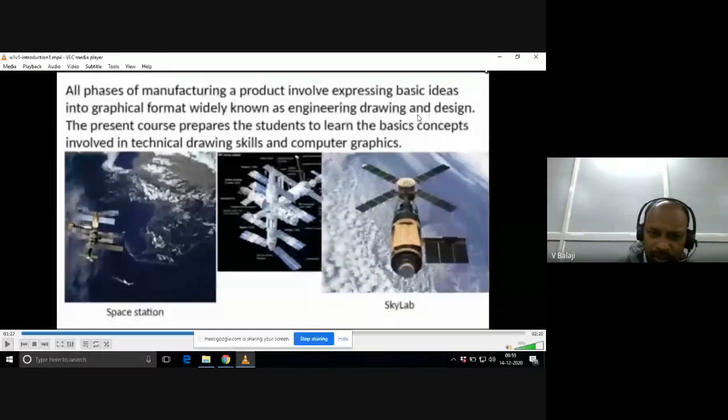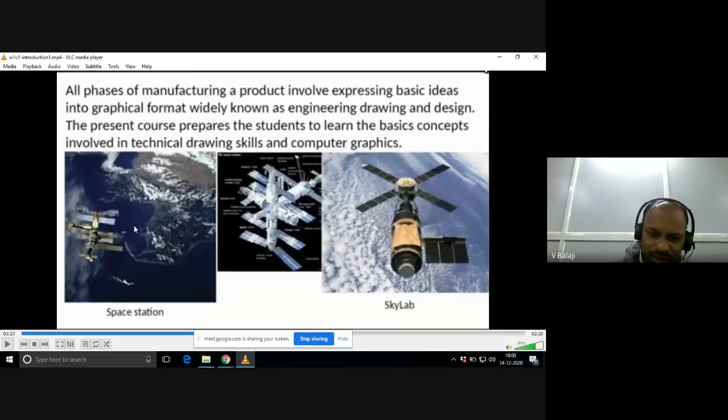The present course prepares the students to learn the basic concepts involved in technical drawing skills and computer graphics. Computer graphics we will see at the end of the semester. I will use some AutoCAD software, and whatever we learn manually initially, we will then do with computers. So we learn technical drawing skills.